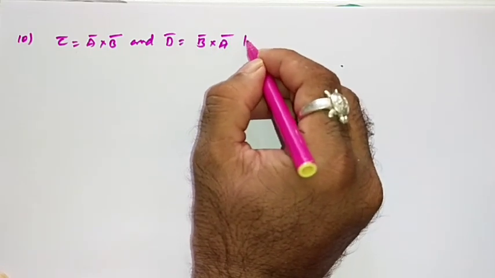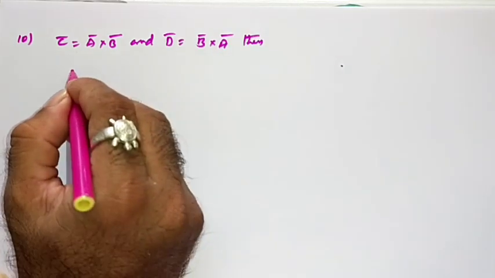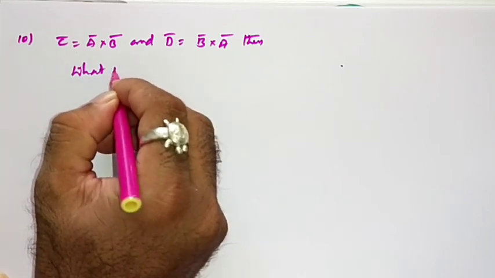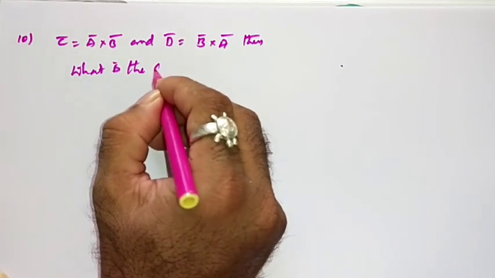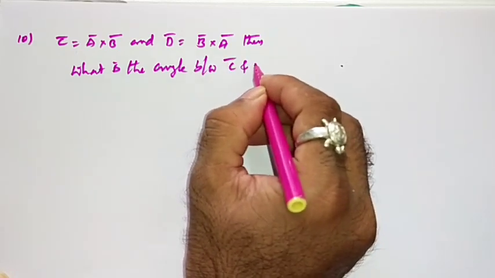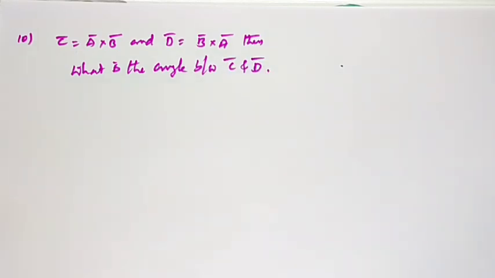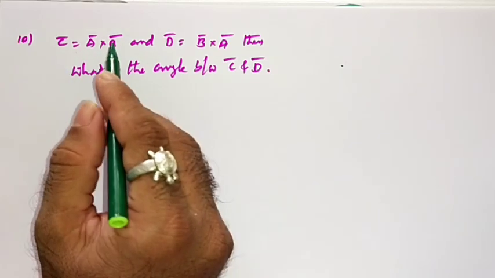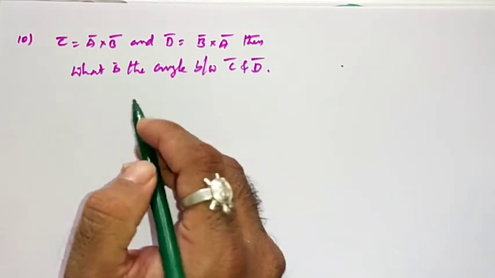Then what is the angle between vector C and vector D? Okay, so C is A cross B, D is B cross A.